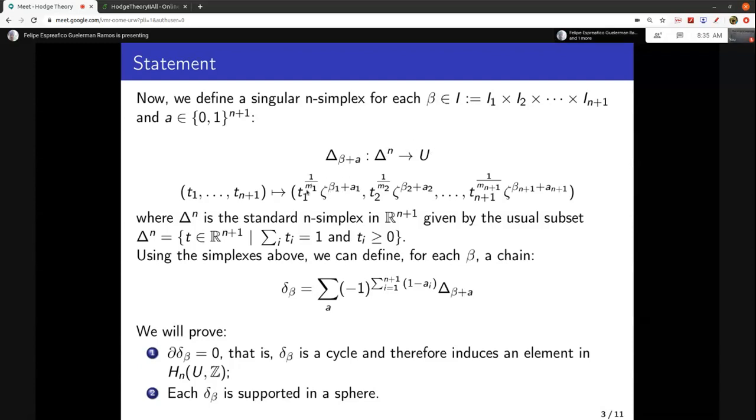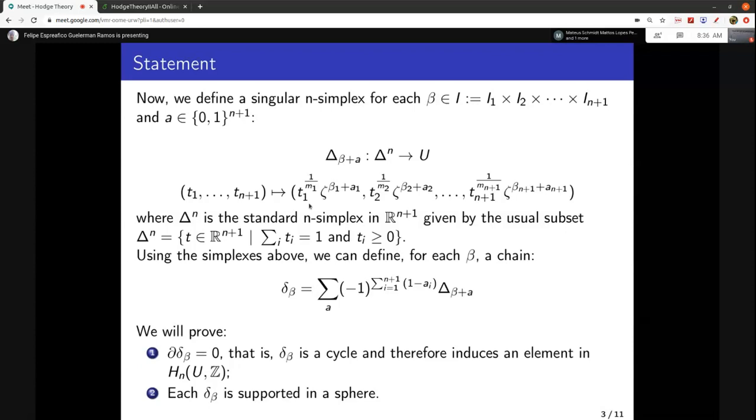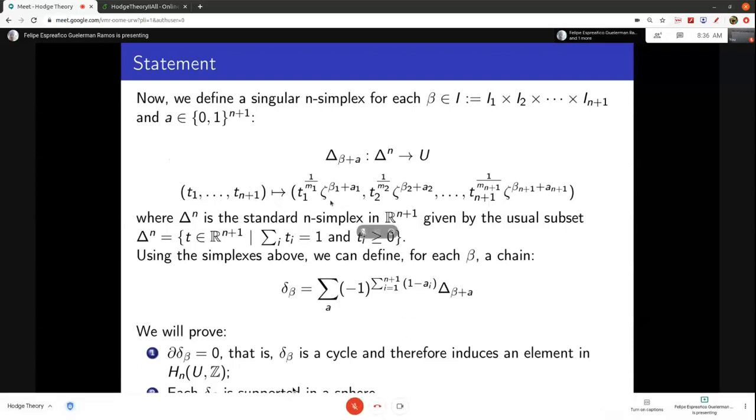Because when you take this first coordinate and raise it to the power M1, we get exactly T1, then T2, up to T_{n+1}, and of course the sum of all of them will be 1. So these are the simplices we are going to use.